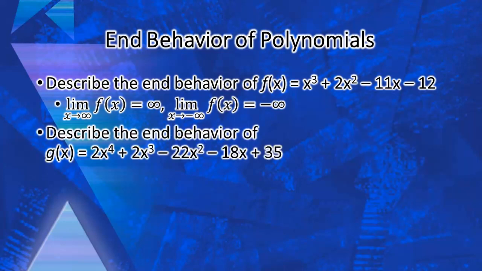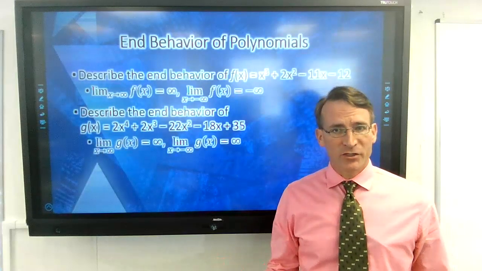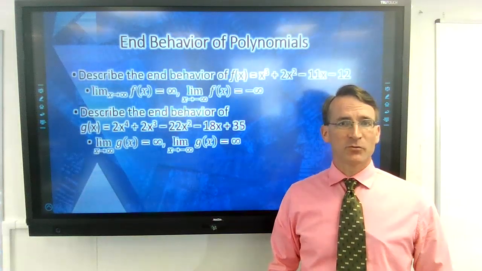Let's try another one. Let's see if we can describe the behavior of this. Now, this function is 2x to the fourth. So since this is an even function, it is going to be leaving and coming in from the same direction.